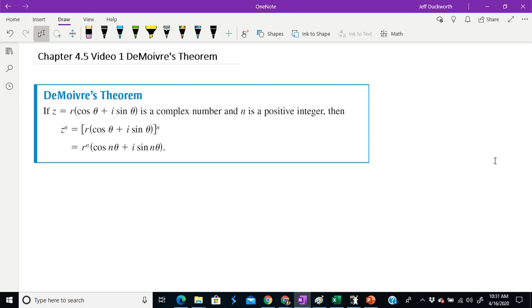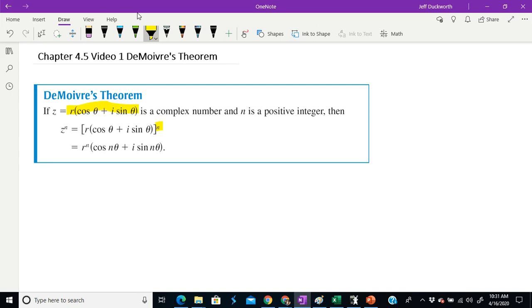If we have a complex number in trigonometric form, so this is our trigonometric form, and we raise it to some positive integer n, some power, then clearly we have a product of two things.